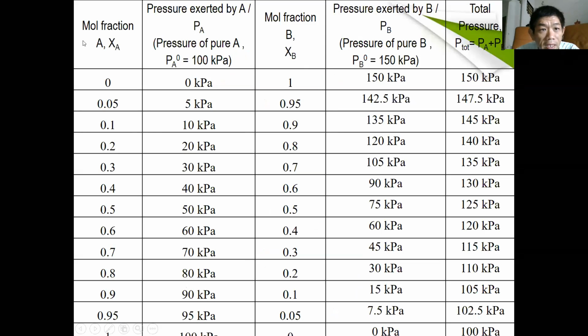So we start from here. The first one says that mole fraction of A equals 0 and mole fraction of B equals 1. So this is the comparison in here.